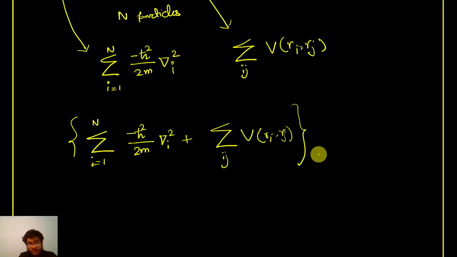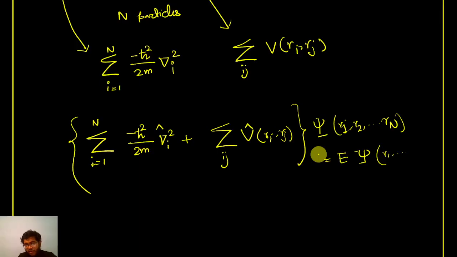This is the whole operator, this is the V operator, this is the grad operator, and psi of r1, r2, ..., rn equals E psi of r1, ..., rn. So this is the Schrodinger equation of the combined system.